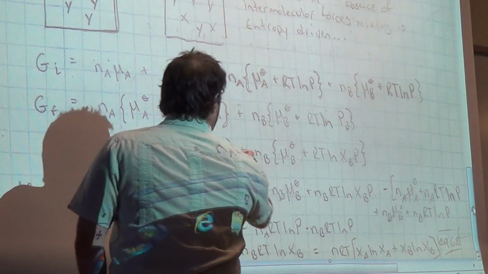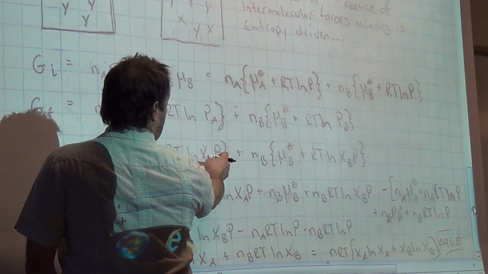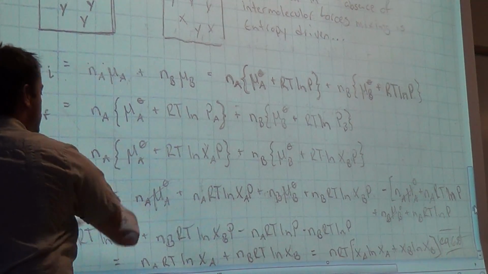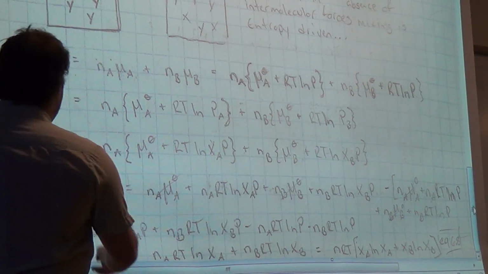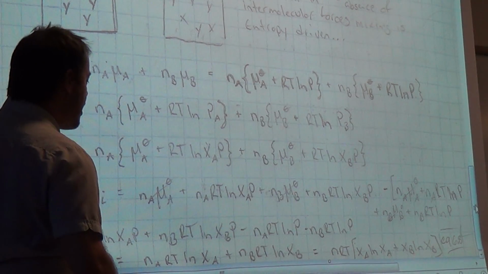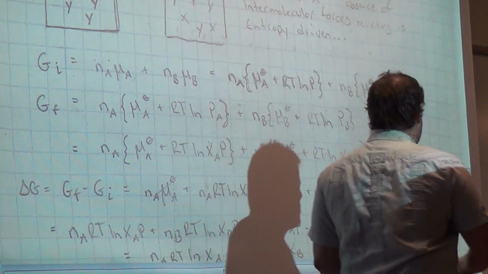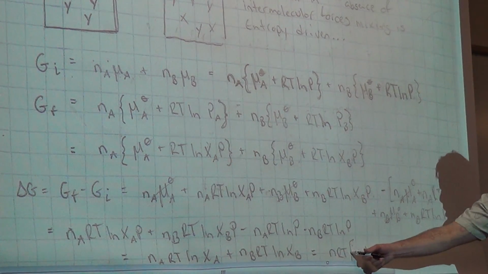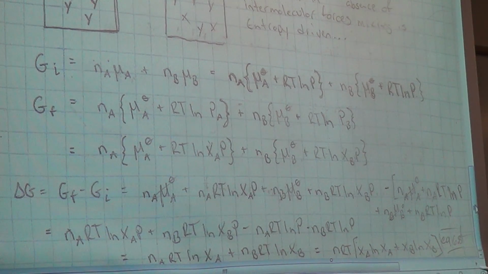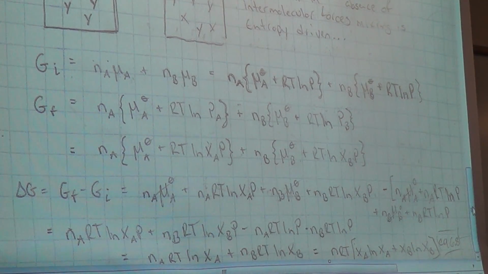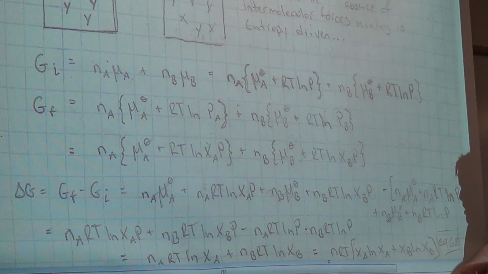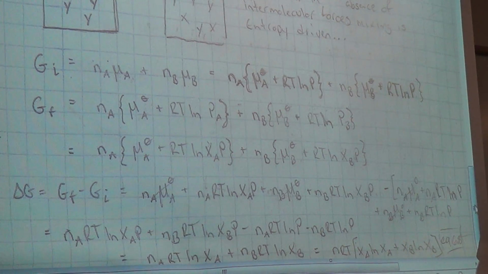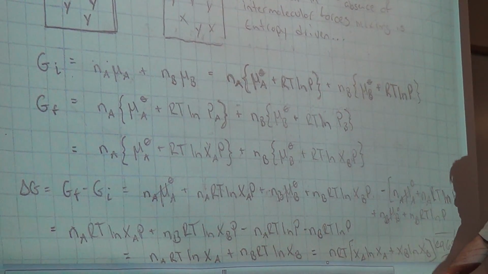At the final stage, its pressure is the initial pressure times the mole fraction. And so G final is equal to this here. We subtract G initial from G final, cancel all the terms that are equivalent, and we end up with an equation that says delta G is nRT times the mole fraction times the natural log of the mole fraction for each component.